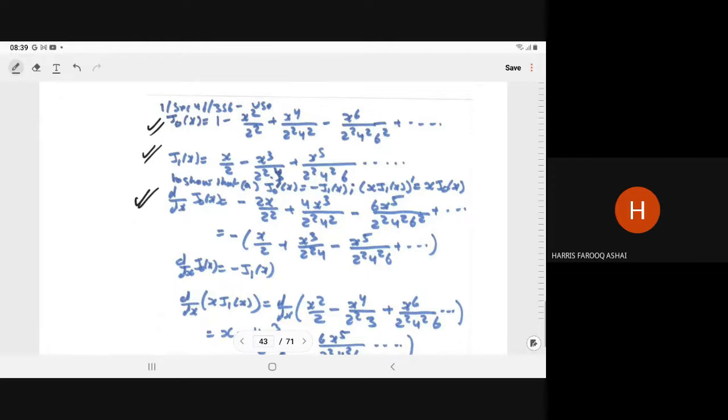So the derivative of J0(x) is minus 2x upon 2 square, plus 4x cube upon 2 square 4 square, minus 6x to the power 5 upon 2 square 4 square 6 square and so on.